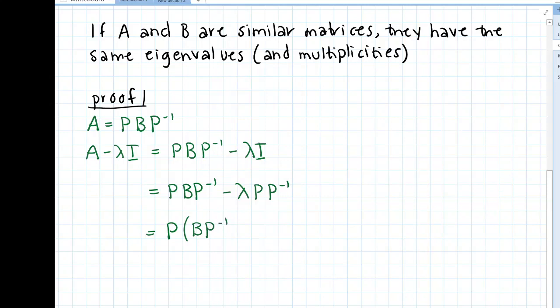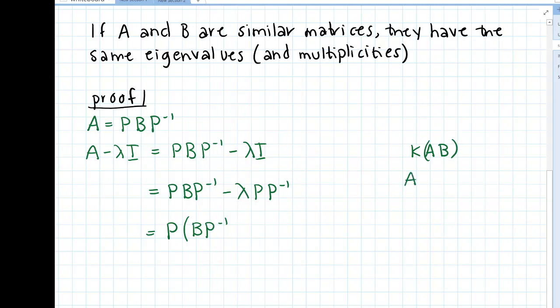And then there's one thing that I'm glossing over here, which is that lambda times a number times a matrix does commute. Something we talked about in the past is that if you have K times a matrix A times another matrix B, you're allowed to do it in whatever order you want.